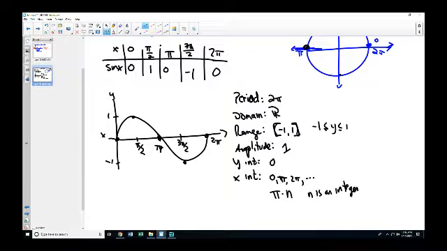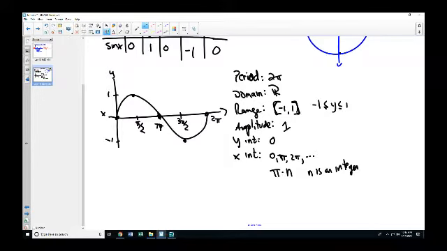There are a couple other things even. We have a maximum. How many maxima are there? They're an infinite number, but what's this one?